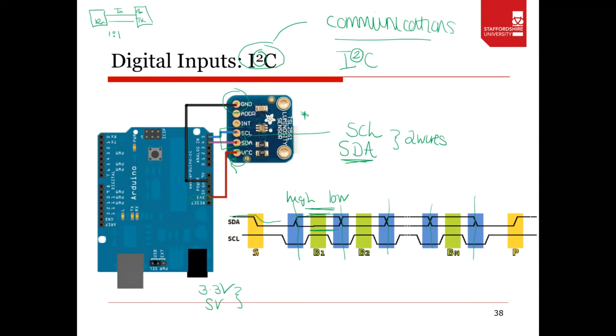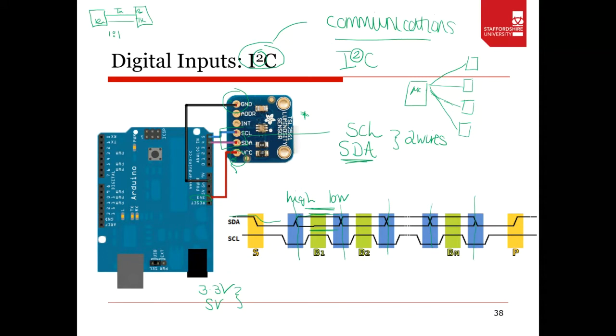Whereas with I2C, we can have one microcontroller and multiple sub devices, as we call them.